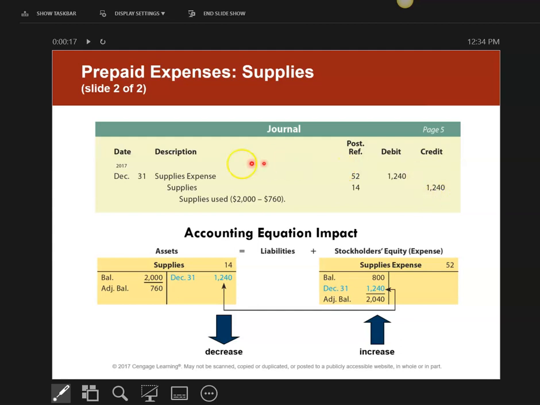Again, we learned how to do this journal entry in chapter 2. We actually came across it in chapter 1 when we were doing the spreadsheet. So you already know this. 4 of the 6 journal entries are completed. We are almost done, 2/3 of the way done.